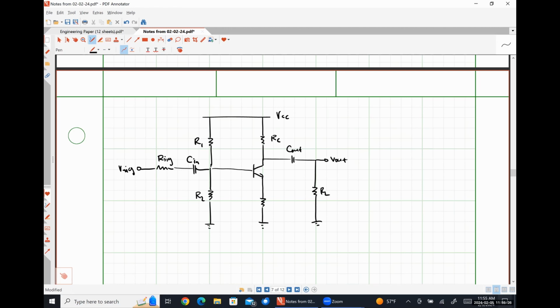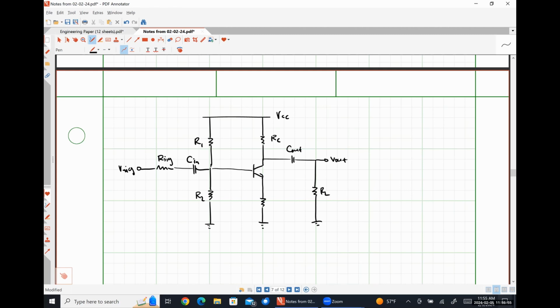So what some people do, if you're trying to maximize the gain of a common emitter amplifier, right? This resistor right here plays an important role in the DC biasing, but we can get rid of it for the AC portion of the circuit. Anybody have any thoughts on how we might do that?